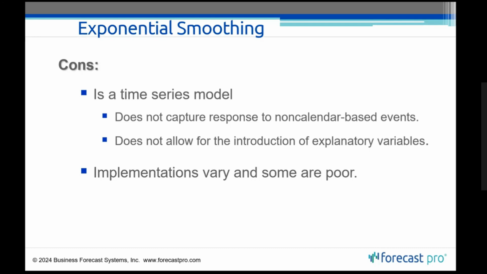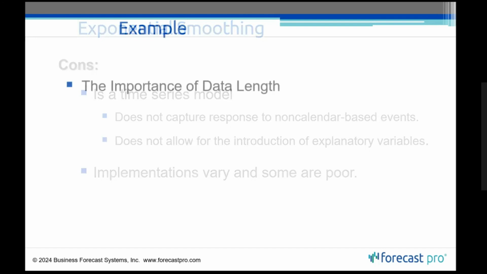And they're usually taking big shortcuts in the interest of being able to build the models quickly. So they're sort of sacrificing accuracy for performance. So you need to be careful about that. Just because two different software packages support exponential smoothing does not mean they'll give you the same forecast.